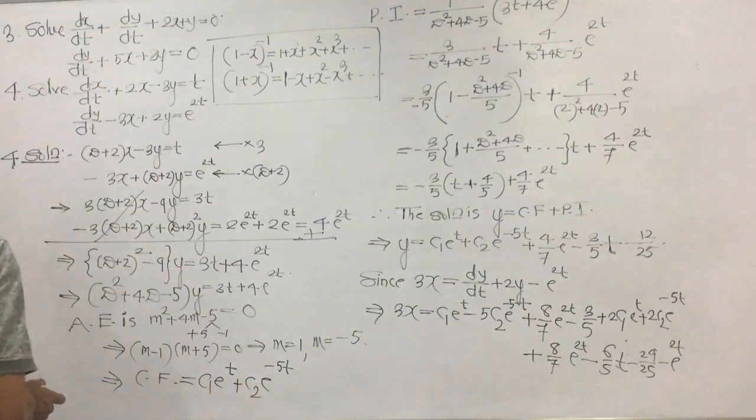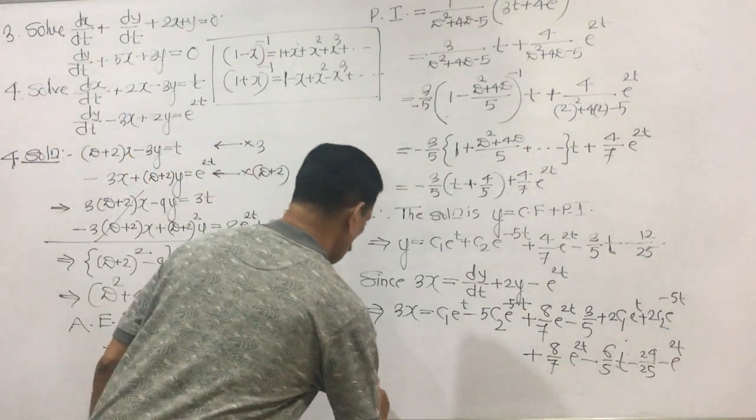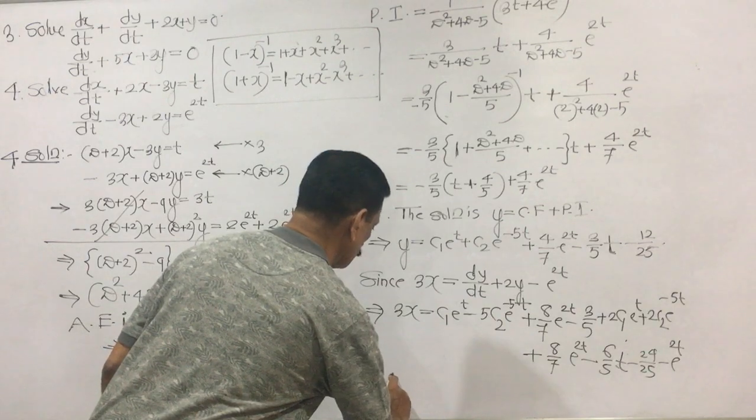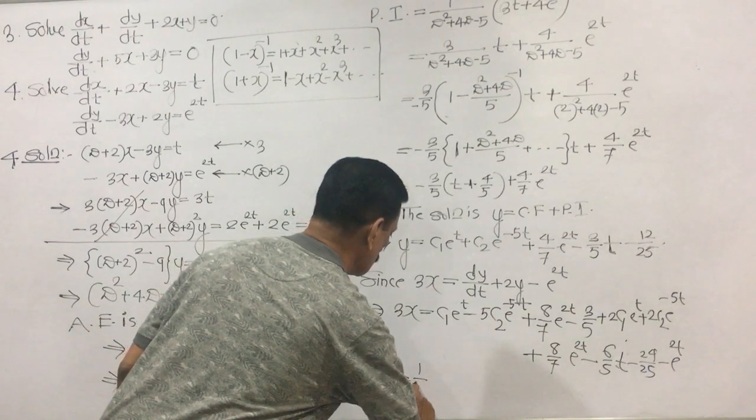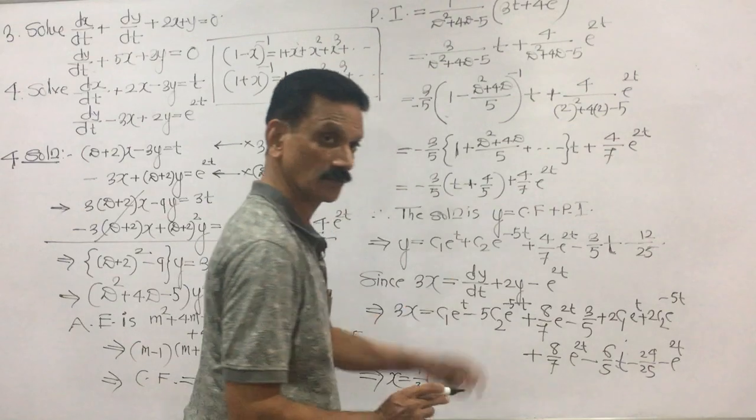Let us write the final solution. So I write this as x is equal to 1 by 3. I take this 3 to the right side.